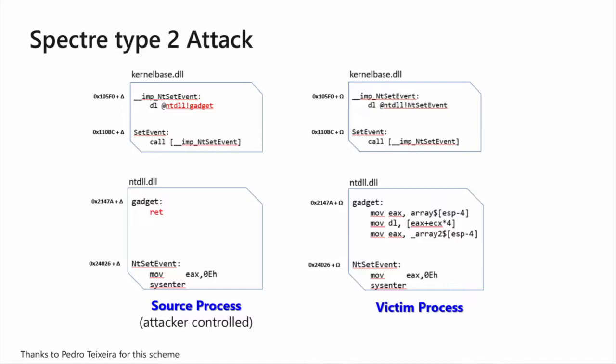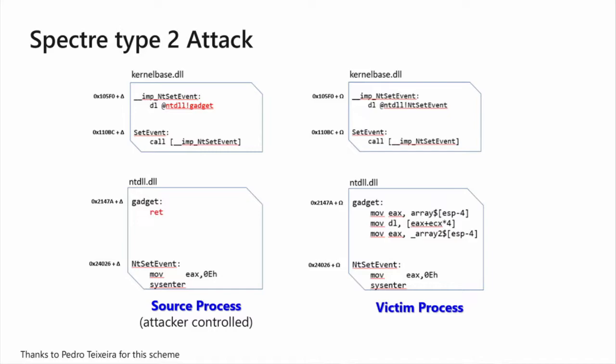But for this example, you can consider the virtual address the same in the source and victim process. So you start to call the gadget using this indirect call.